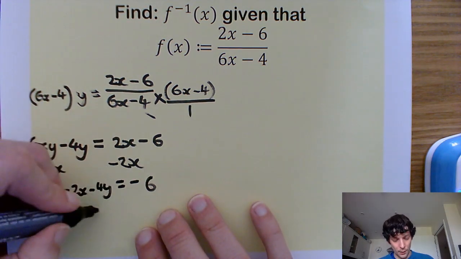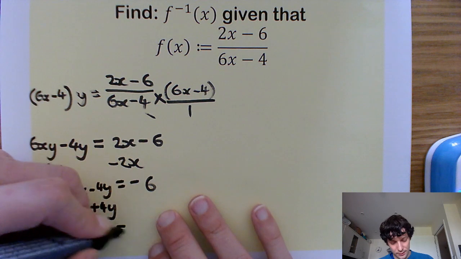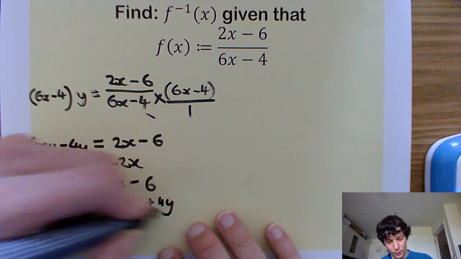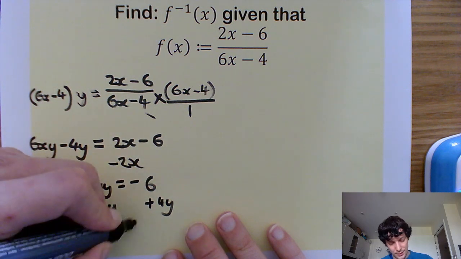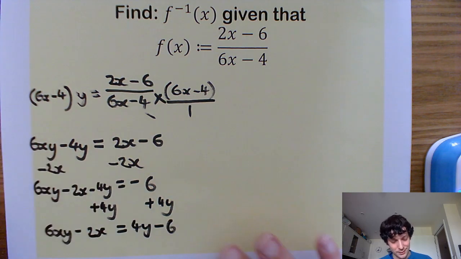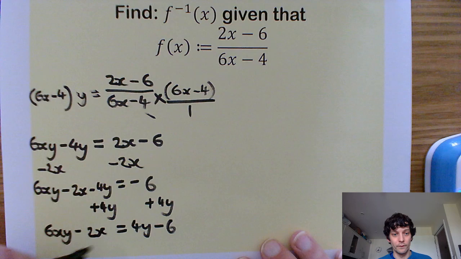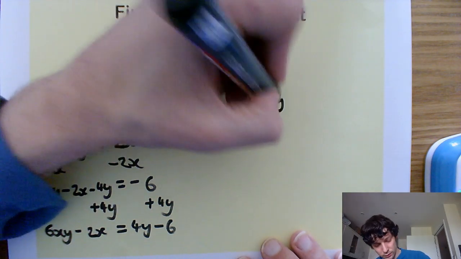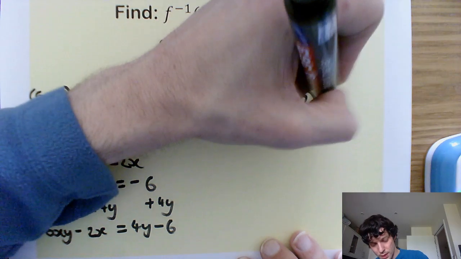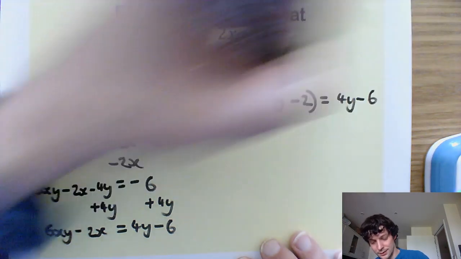I don't want this 4y over here. That's not in terms of x. So let's add 4y to both sides. You get 6xy minus 2x is equal to 4y minus 6. I only want the x written once, so let's factorize that. You get x lots of (6y minus 2) is equal to 4y minus 6.